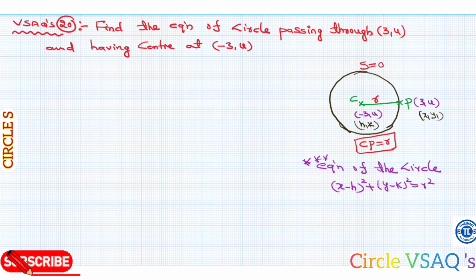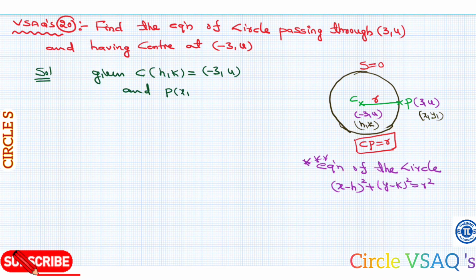Okay, now question number 20, find the equation of the circle passing through the point 3 comma 4 and having the center minus 3 comma 4. Okay, now start the solution. Here given center of the circle C h comma k is equal to minus 3 comma 4 and the given point is P. Let's suppose P x1 comma y1 is equal to 3 comma 4.